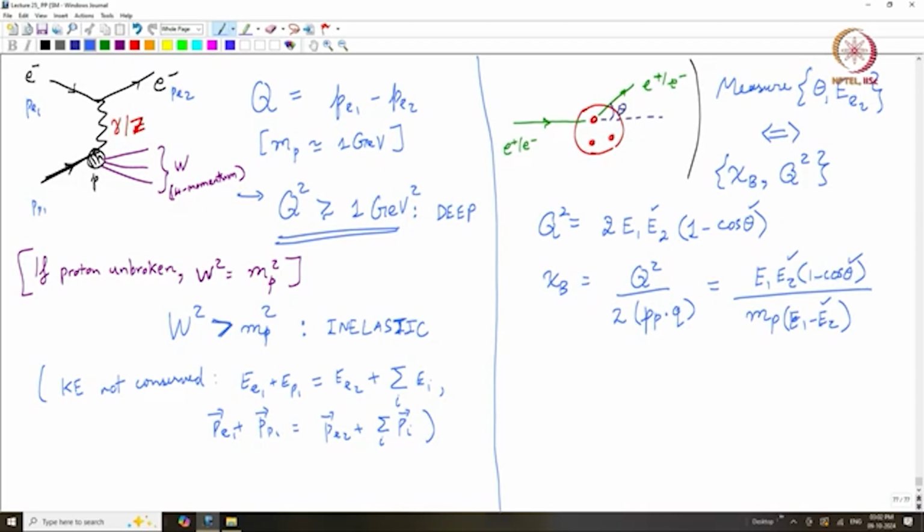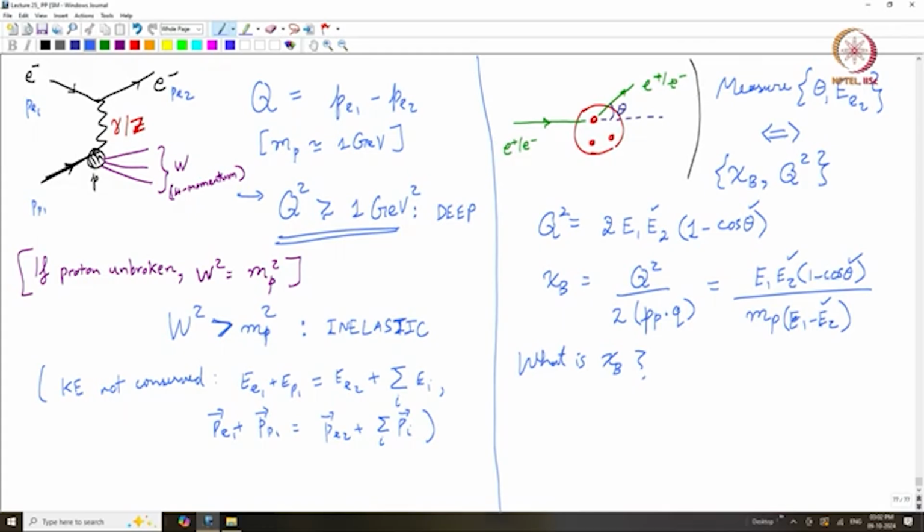So why go to the trouble of doing this? First of all, what is q squared? That is just the momentum transfer squared, the thing that we have been seeing before. But what is this xb? This is one of the most important observables or variables in this business, deep inelastic scattering.